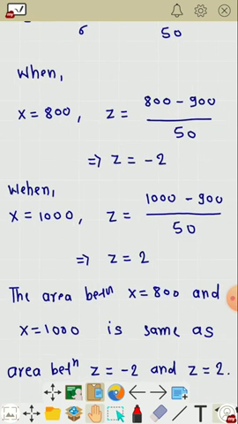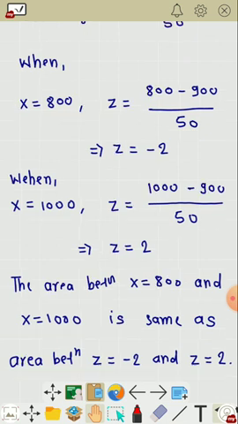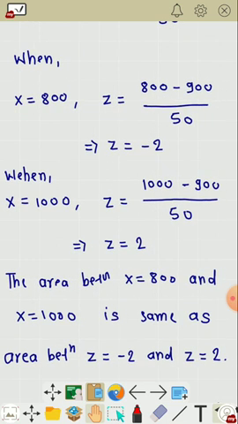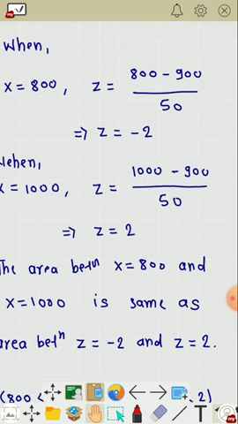When x is equal to 1000, the value of z is equal to (1000 minus 900) divided by 50. This implies that z is equal to 2.